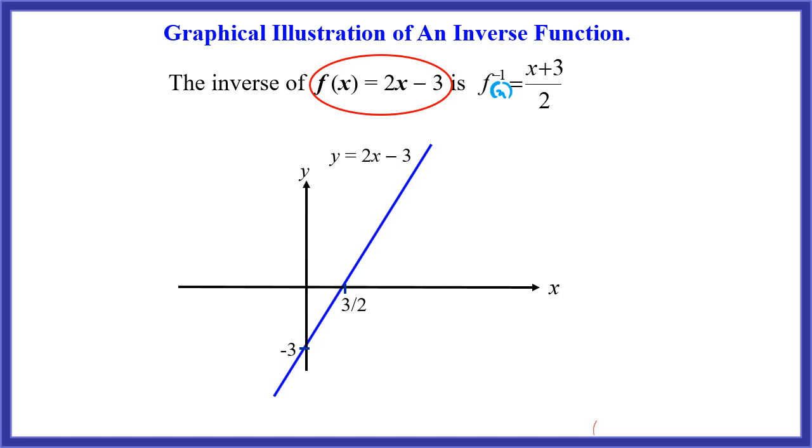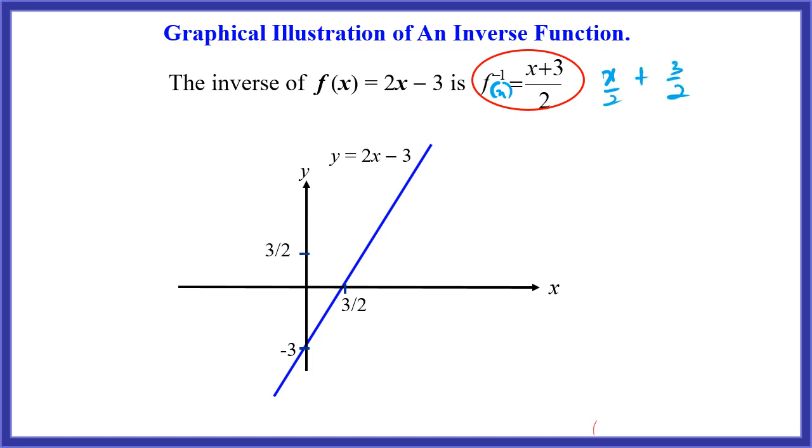So this is our graph. And then for the f inverse, we have 3 over 2 as the y-intercept, right? So this is x over 2 plus 3 over 2, and negative 3 as the x-intercept. So we have this line.